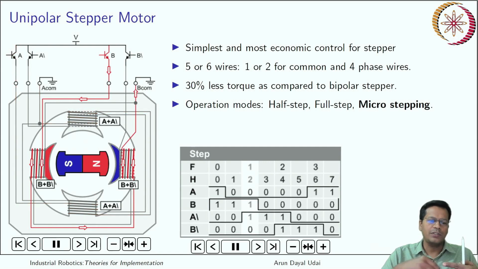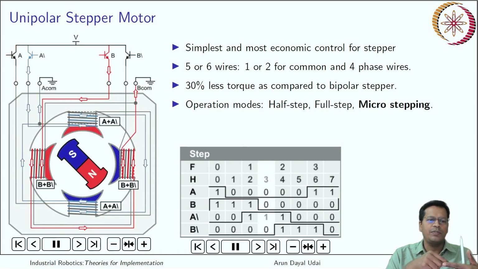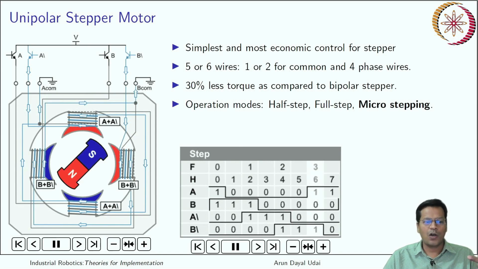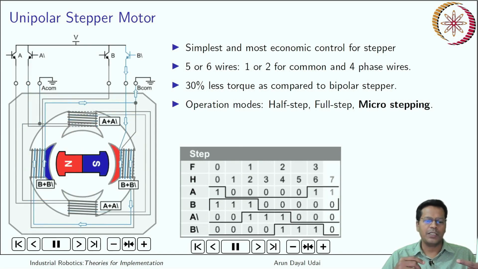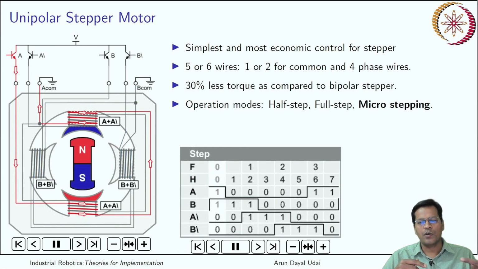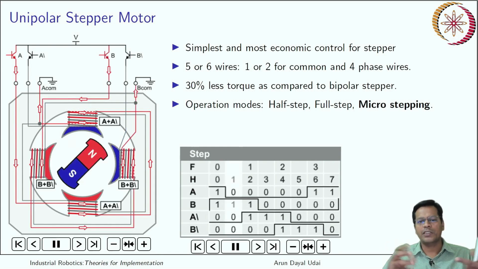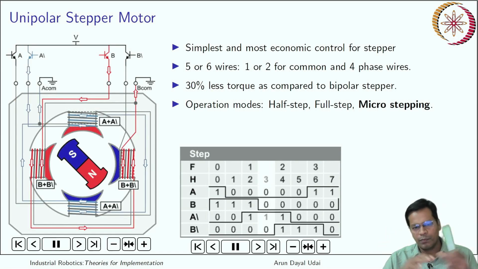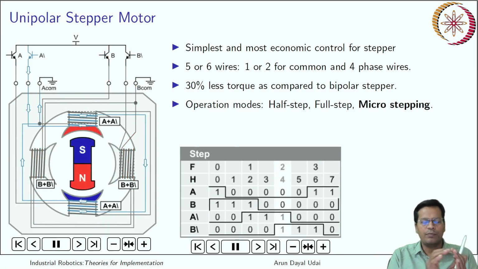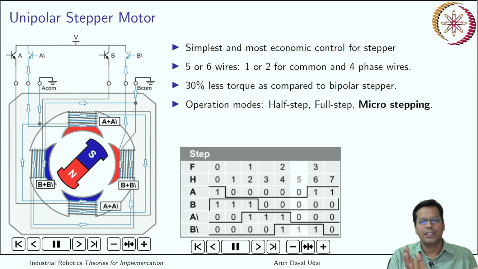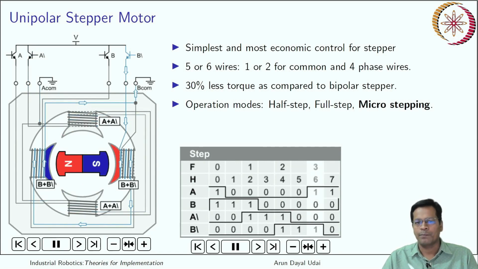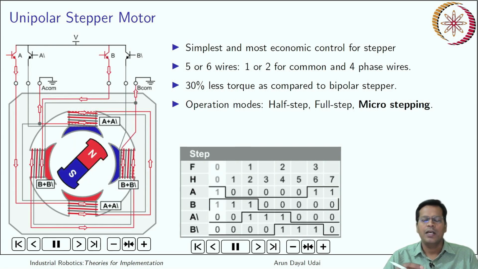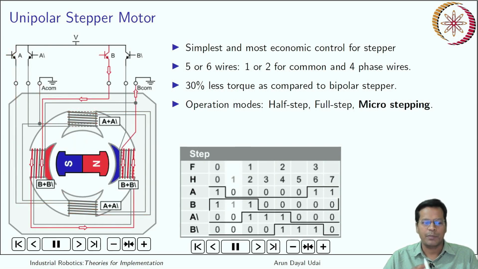One is clockwise to make it north, another, A bar, is counterclockwise, making it south pole when faced to the armature. So one of them is always a dummy coil. For the same motor, at least 50% of the coil is not working all the time, so that makes it 30% less torque as compared to a bipolar stepper motor.